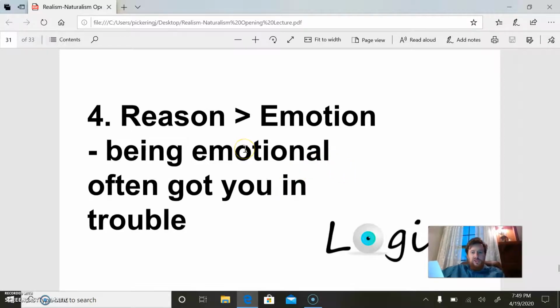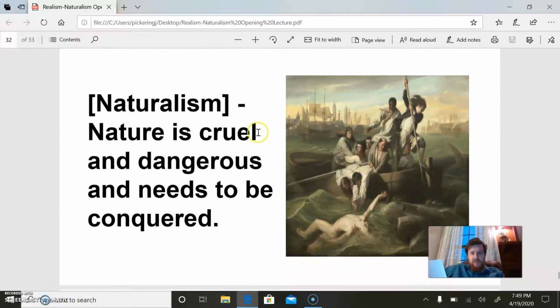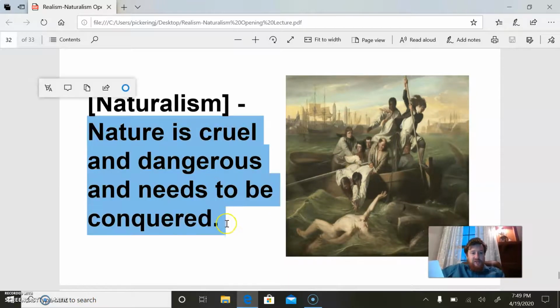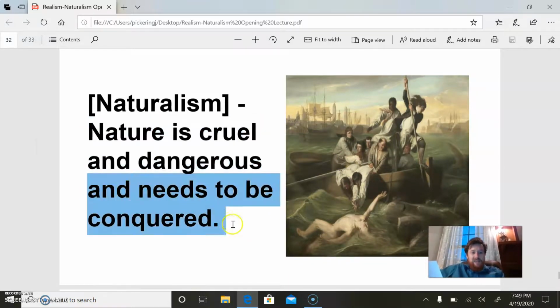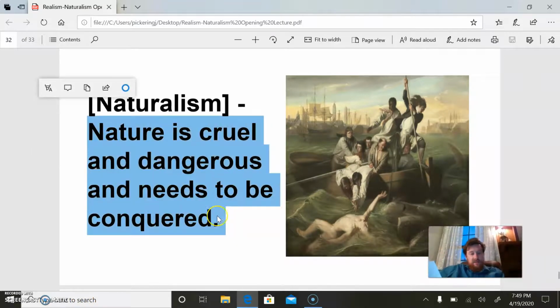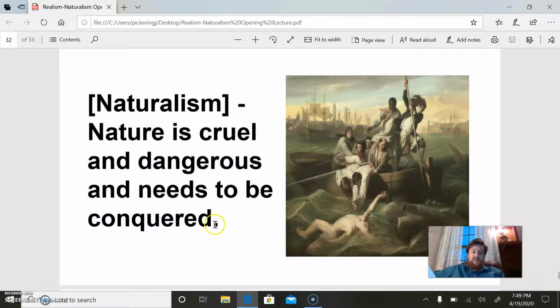So, two beliefs, one for naturalism, one for realism, that are sort of focused in on those movements. So first, naturalism. It thought that nature is cruel and dangerous and needs to be conquered. This is a big about face from the Romantics, who really thought nature was a place to get in touch with yourself, and we need to be in it, and we need to be one with it.